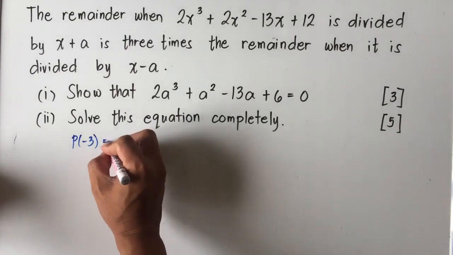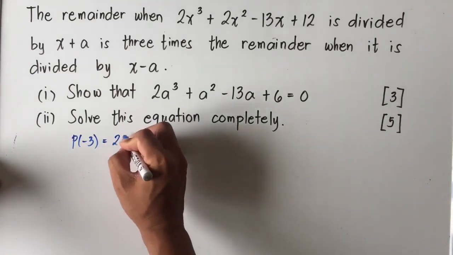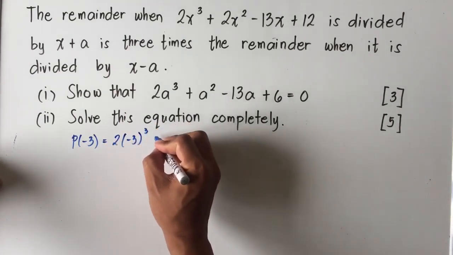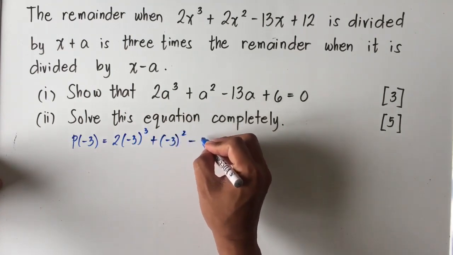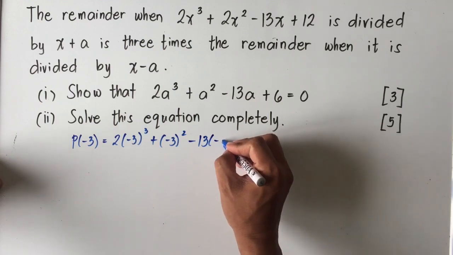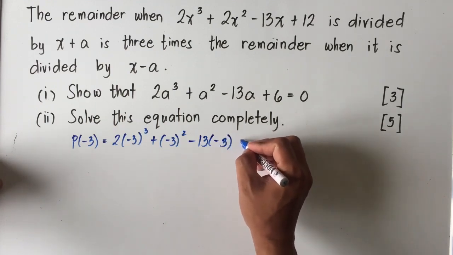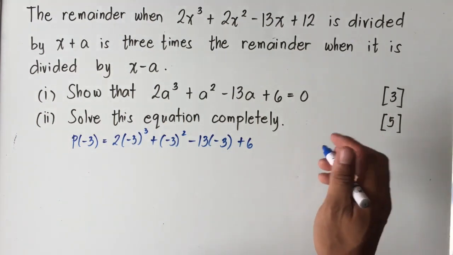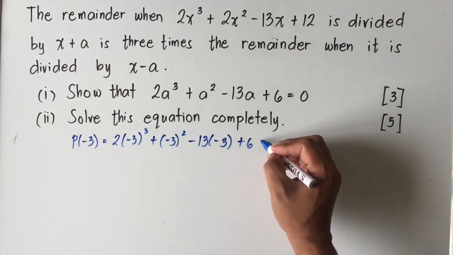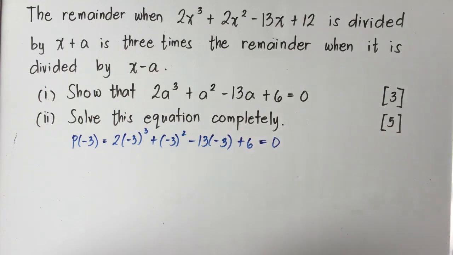So it will be equal to 2 times negative 3 cubed plus negative 3 squared minus 13 times negative 3 plus 6. Even if you don't compute, it will still basically equal 0.